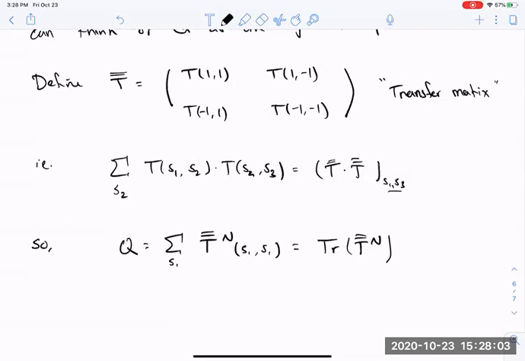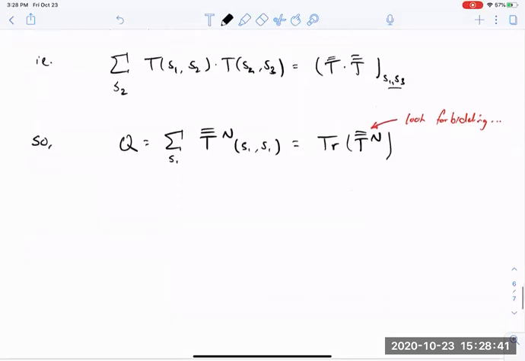That doesn't necessarily look like it's made our lives any simpler. Taking a matrix to the nth power looks forbidding. And indeed, taking n factors of some matrix in general is a very complicated thing to do. However, this transfer matrix is a 2 by 2 matrix. We can diagonalize 2 by 2 matrices, in which case taking the nth power is just taking the nth power of each individual eigenvalue of that matrix.